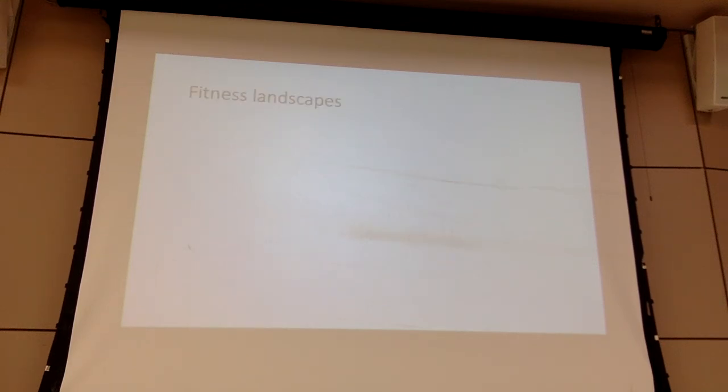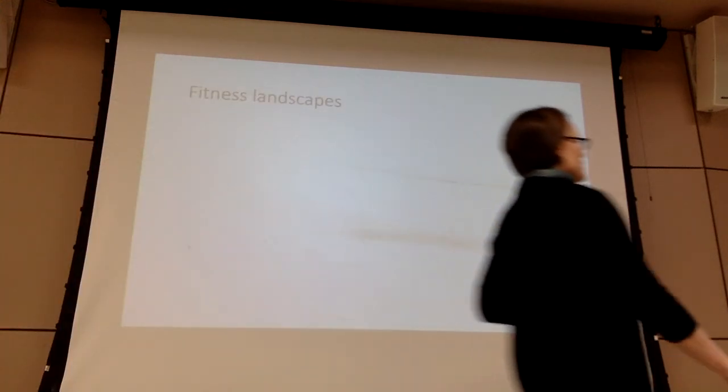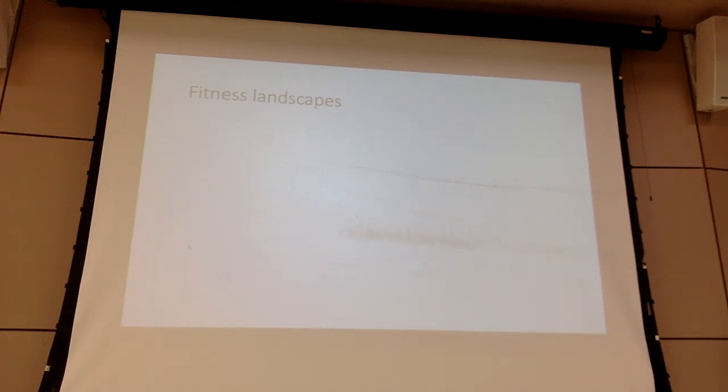All right, so I want us to think about fitness landscapes here. This is a distribution of a trait that is not a fitness landscape, just a distribution of phenotype and frequency of individuals. Now we talked about heritability, we've used it in selection, we calculated our response to selection.